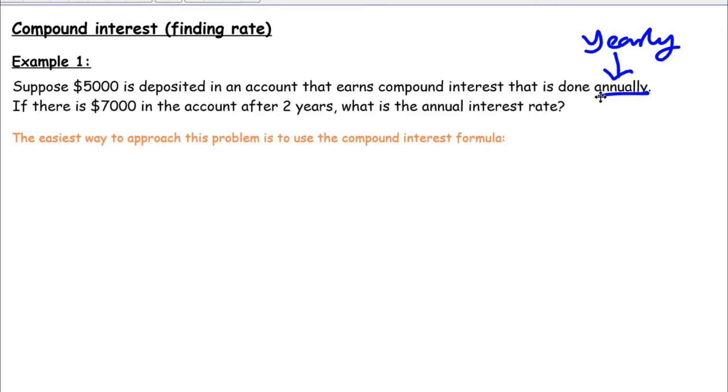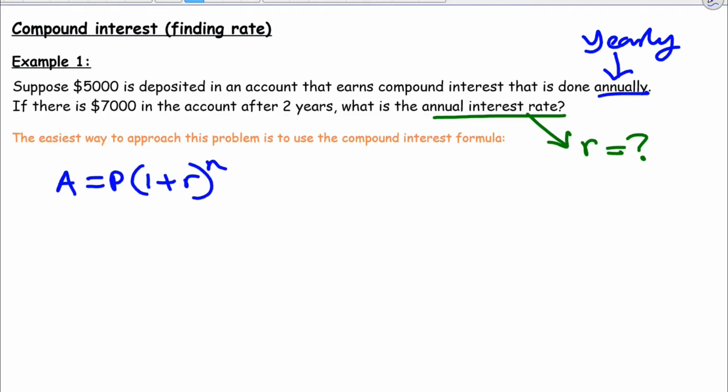So what these guys want us to calculate is the yearly interest rate, R. The easiest way to approach this problem is to use the compound interest formula. Now, we said initially that the compound interest formula is A is equal to P into 1 plus R to power N. Now, in this case, A is $7,000, the final amount that is in the bank.